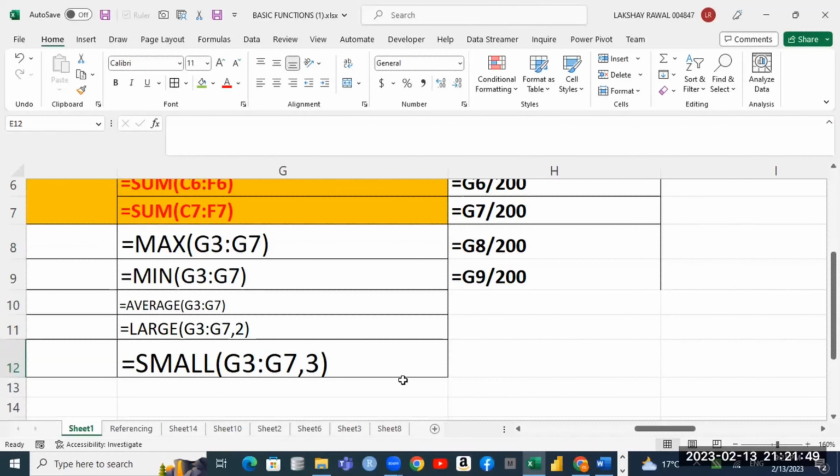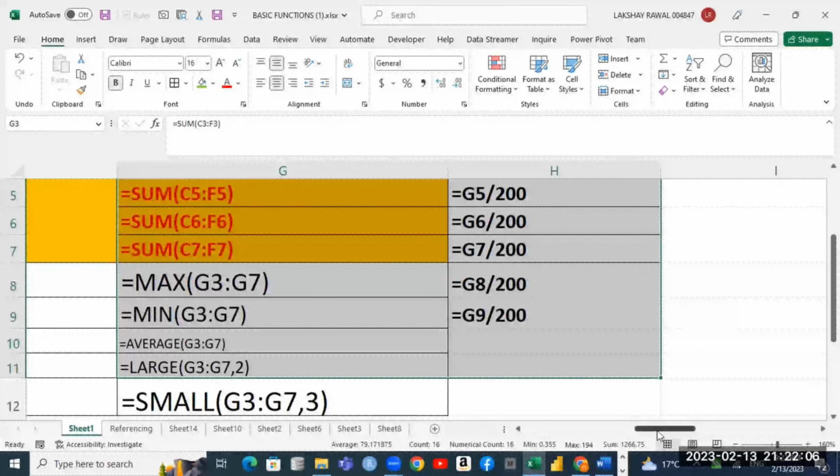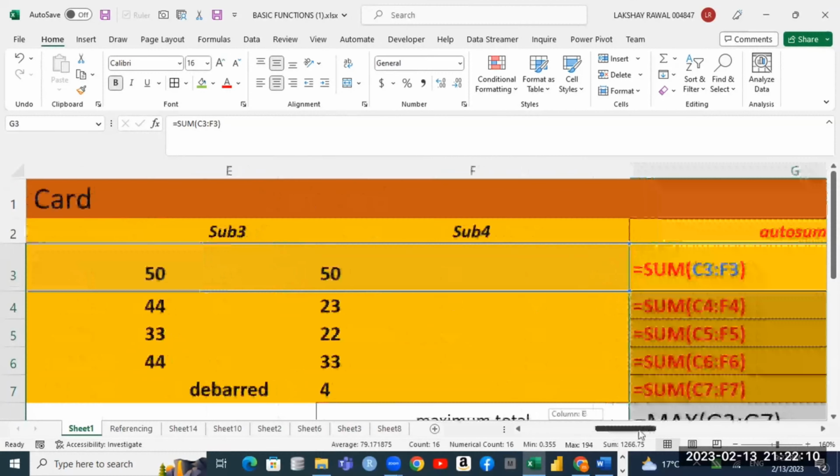If you want to see wherever formulas are applied, you can check with this shortcut key, Control with tilde, to see which cells have a formula and which do not. Like I've applied formulas in all these cells, but here I have not applied any formula, so it is not showing.